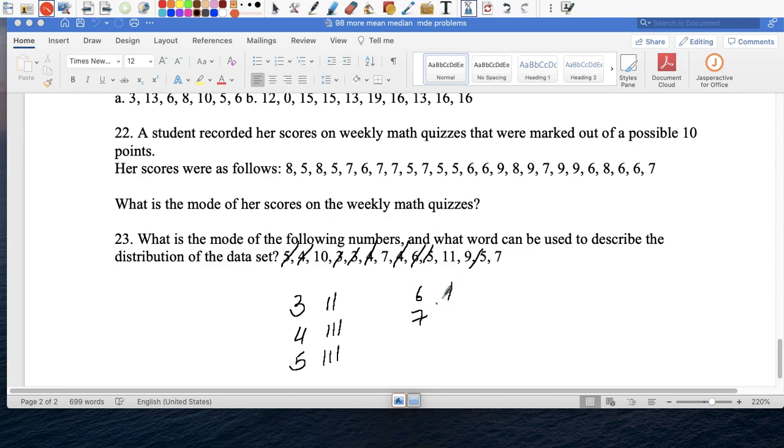The 7 showed up once, twice. No 8s. The 9 showed up once. The 10 showed up once, and the 11 showed up once. So it's bimodal, so the modes are 4 and 5. What's the word that we use for that? Bimodal.